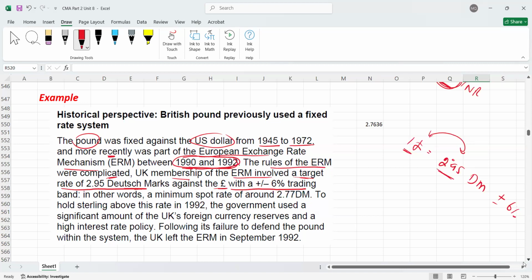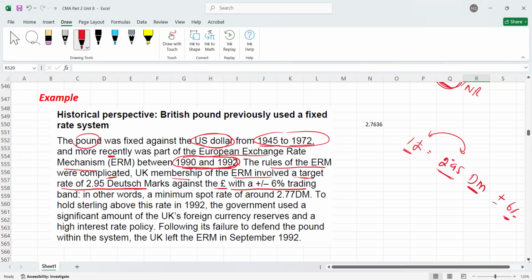This is another example. In the first example, the pound was fixed against the US dollar in that period. Between 1990 and 1992, the British pound was fixed against the German currency at £1 to 2.95 German marks, but with a variation of plus or minus 6%.